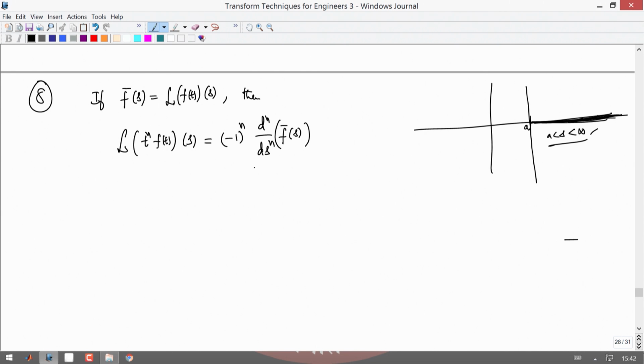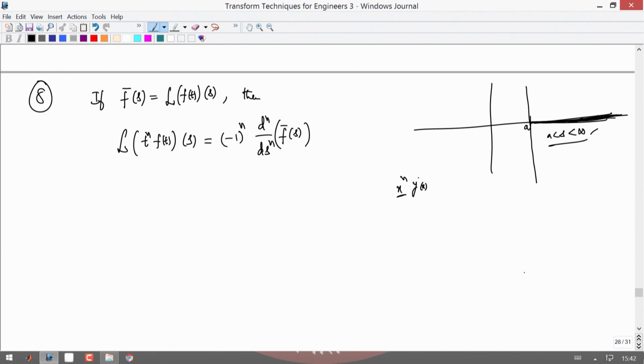This is the important property we use to solve certain types of differential equations with variable coefficients, special variable coefficients, like n derivatives of y multiplied with x power n.